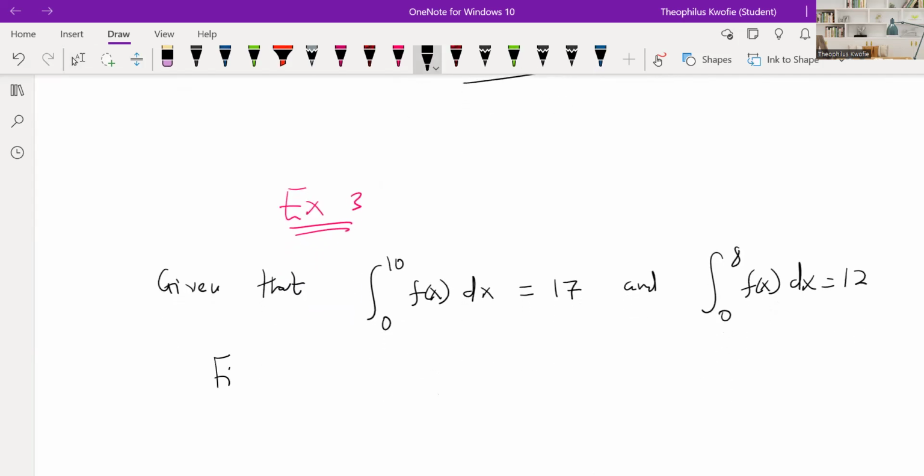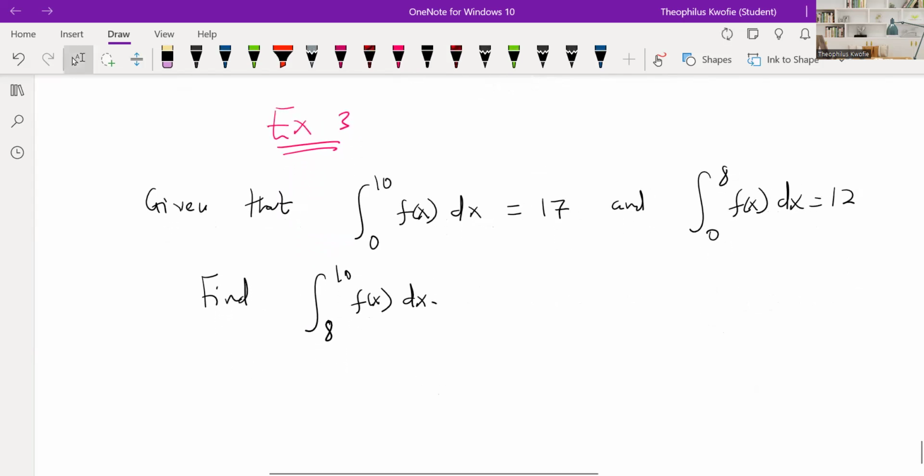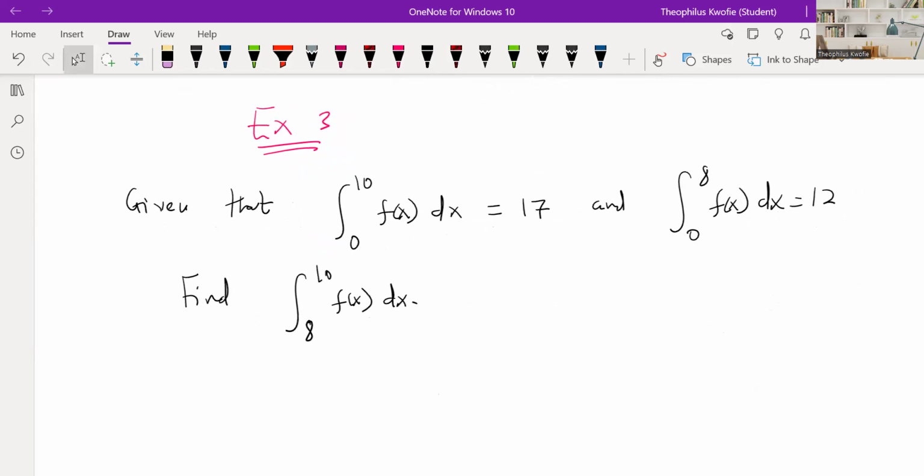Now, how do we find the integral? How do we find this problem? This is a very interesting problem. How do we find such a problem?